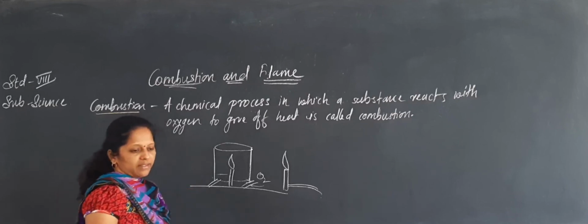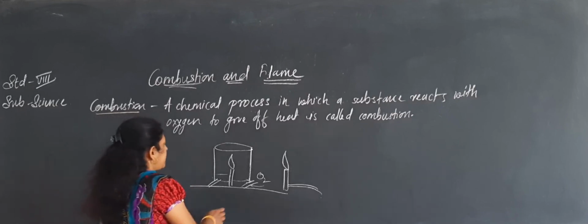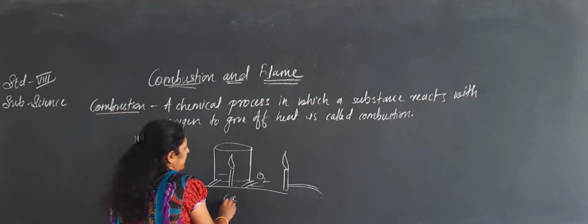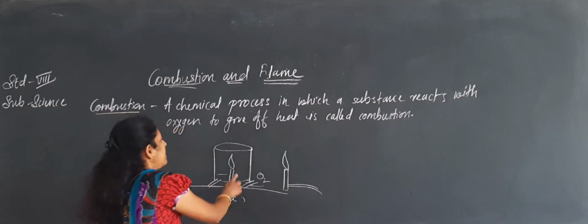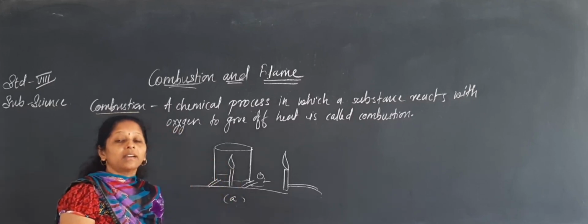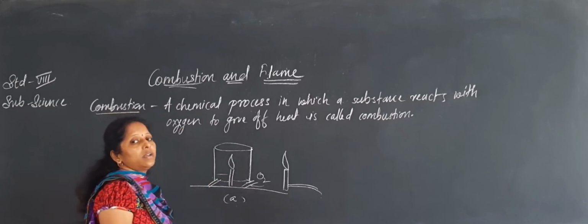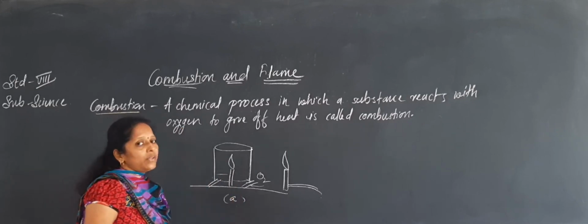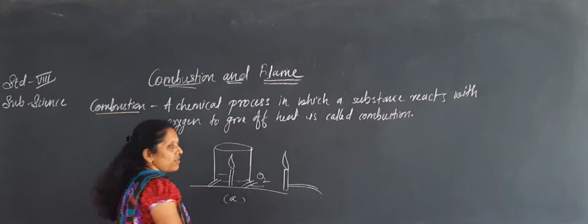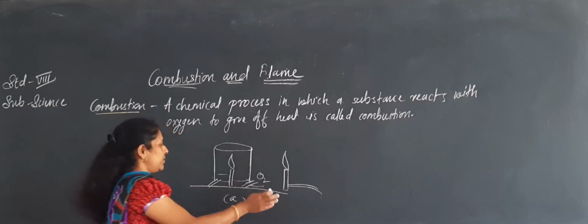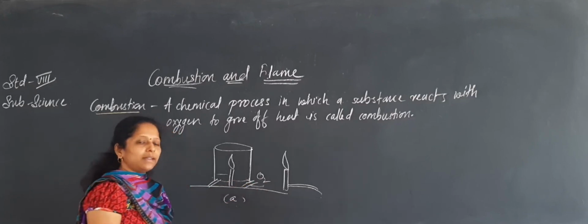So the second one is B. This was about A. In A, what do we observe? Here the candle is burning continuously. It will not stop, because there is a continuous air supply, oxygen supply, from the bottom of that glass chimney.